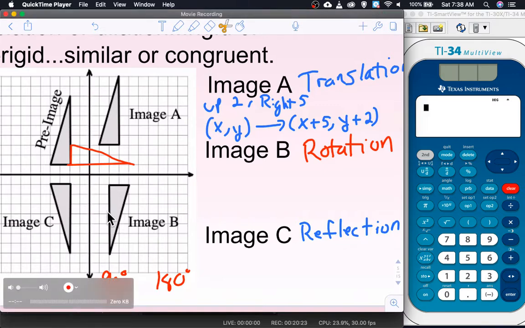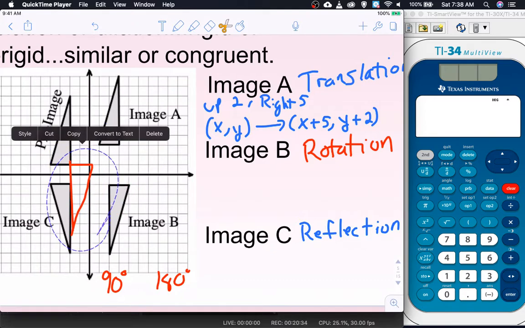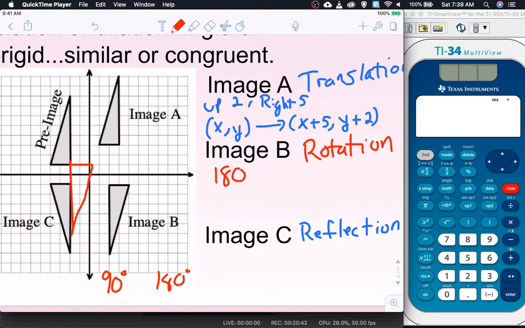This is not a 90-degree rotation. Like look at it. This is facing up, this is facing down. Well, that would be more of a half spin. That is a 180-degree rotation. So this rotation is rotation 180 degrees. That spins it upside down.